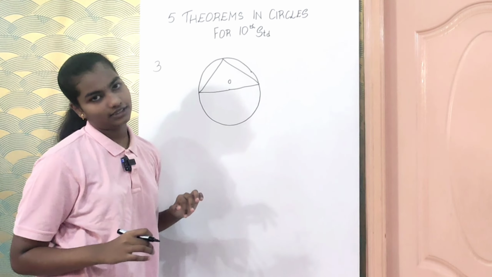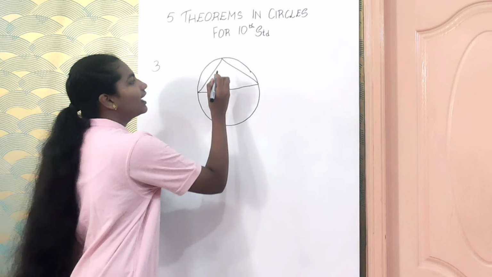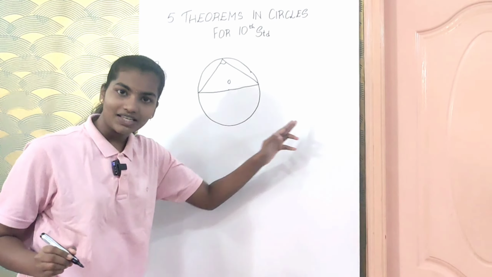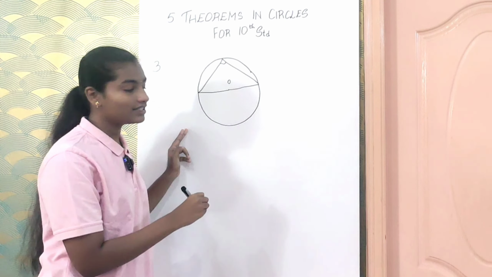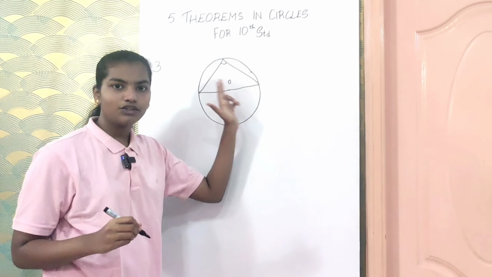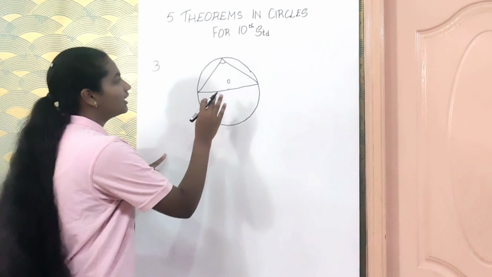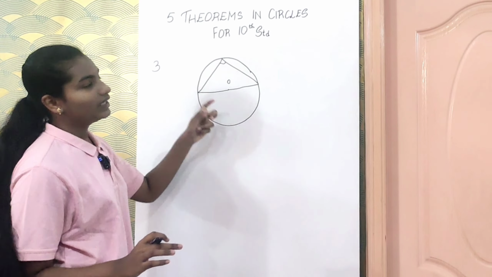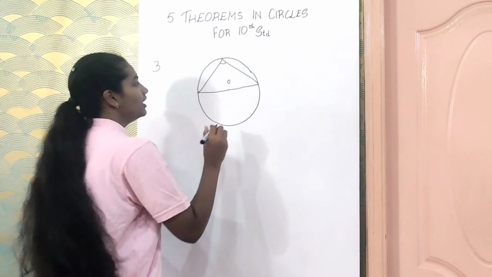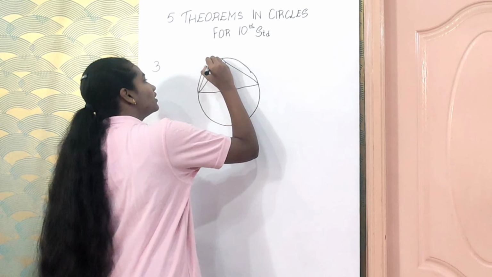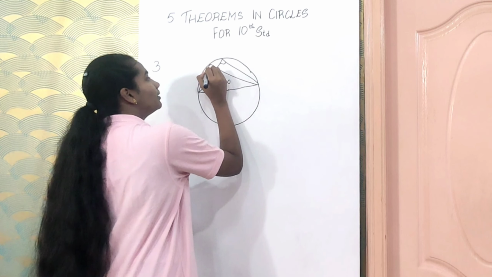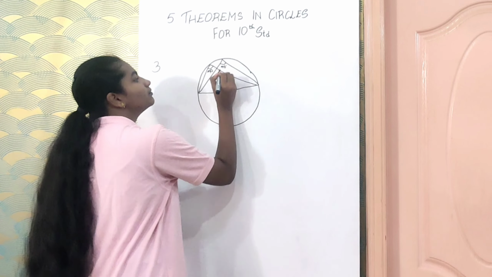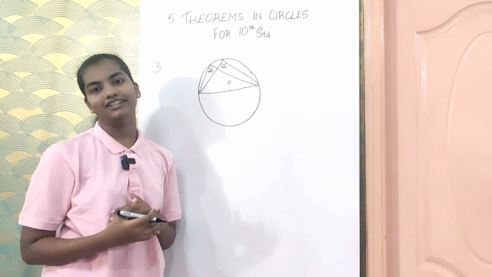The third theorem states that an angle at the circumference which is in a semicircle. Why is it a semicircle? Because there is a diameter and the two parts will be the semicircle. The angle in a semicircle at the circumference will be 90 degrees. It may be any number of triangles, it will still remain as 90 degrees itself. That is the third theorem.